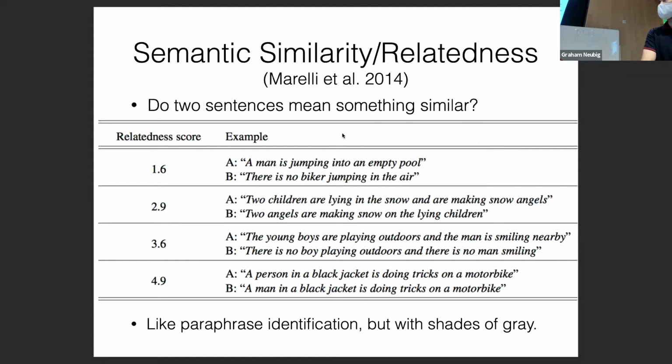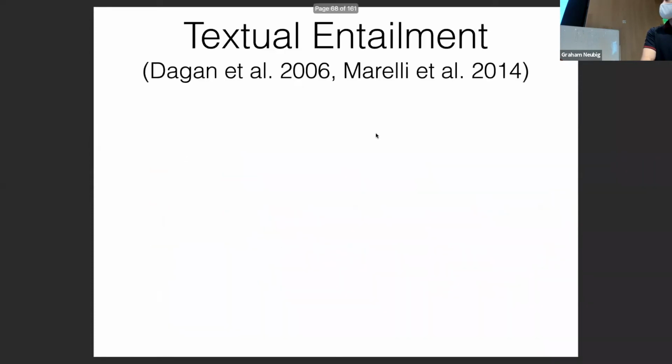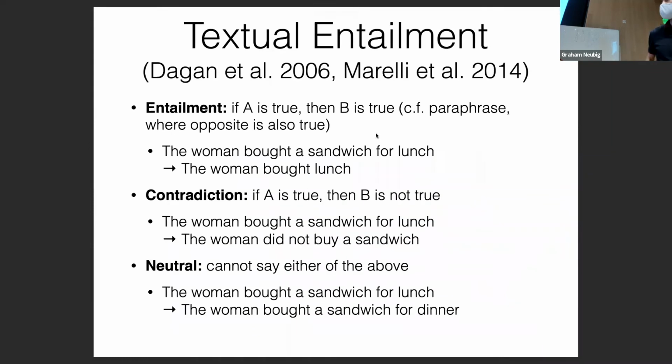So that's one example. Textual entailment or natural language inference could at least theoretically be used to verify facts. So you have a large document, you have a statement, and you want to verify whether that statement is correct. You can verify that by running an entailment system and seeing whether it's entailed or not.